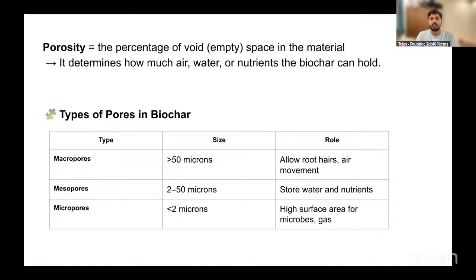So pores are one of the very important characteristics. High porosity is very important because different sizes of pores create a habitat for different organisms or materials of interest to us when it comes to agriculture.